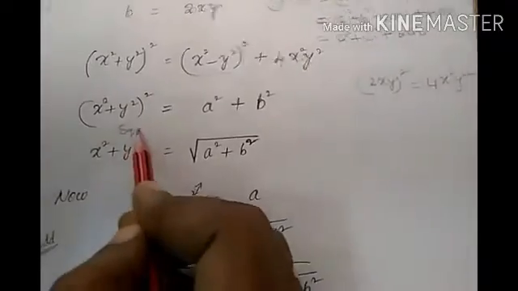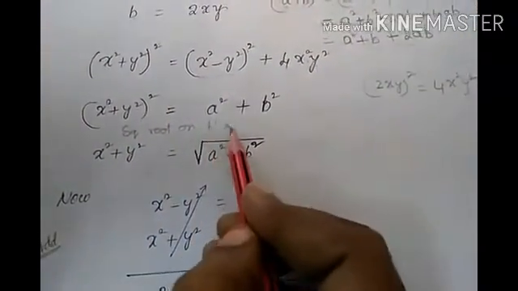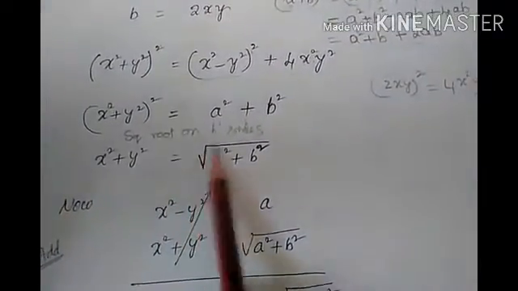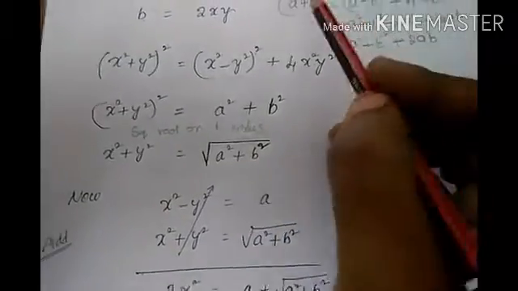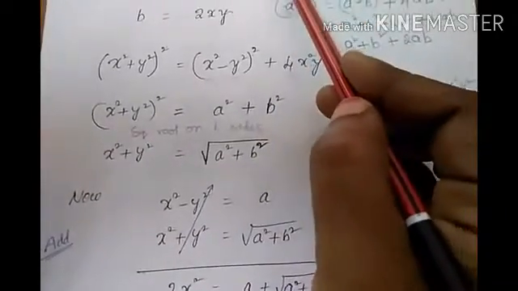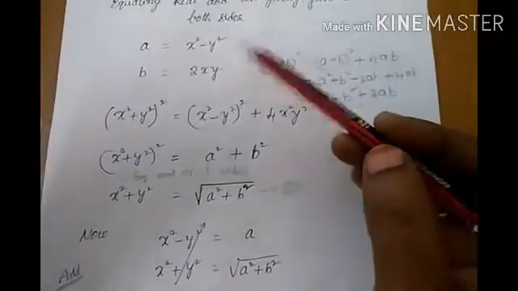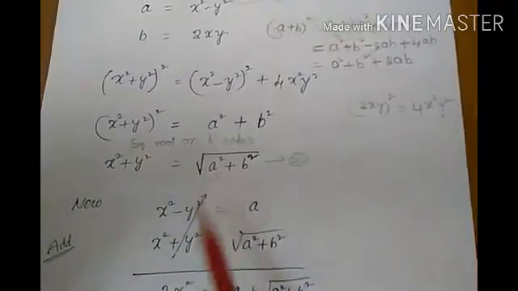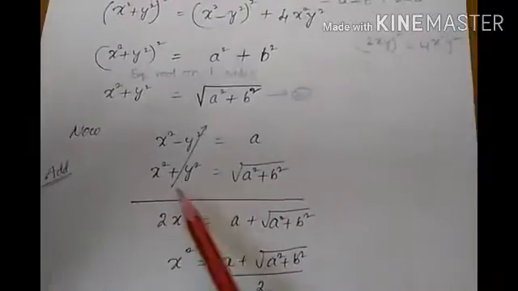You get x square plus y square equal to square root of a square plus b square. Now solve these two, equations 1 and 2: x square minus y square equal to a, and x square plus y square equal to square root of a square plus b square.